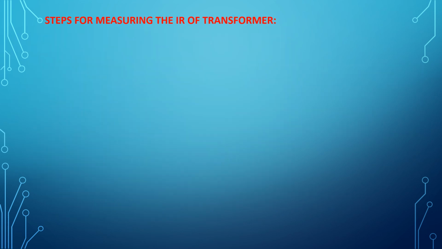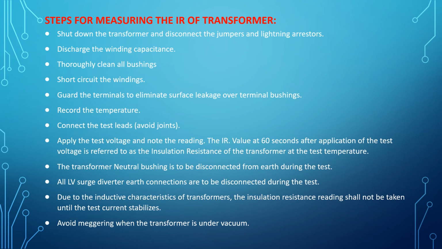Steps for measuring the IR of a transformer. So now we're discussing the IR of a transformer. Shut down the transformer and disconnect the jumper and lightning arrestor. So this is the procedure. Discharge the winding capacitance, thoroughly clean all bushings, short circuit the windings, guard the terminal to eliminate surface leakage over the terminal bushing, and so on.